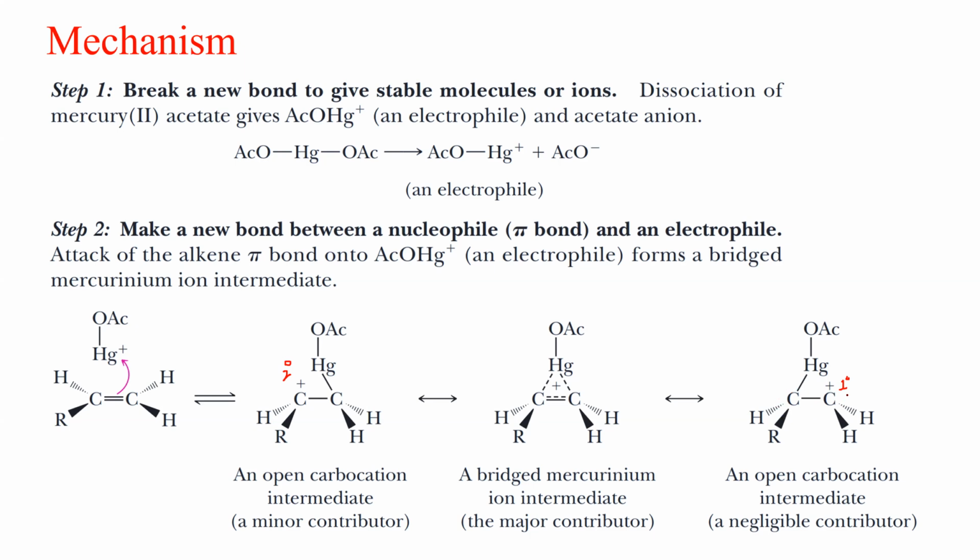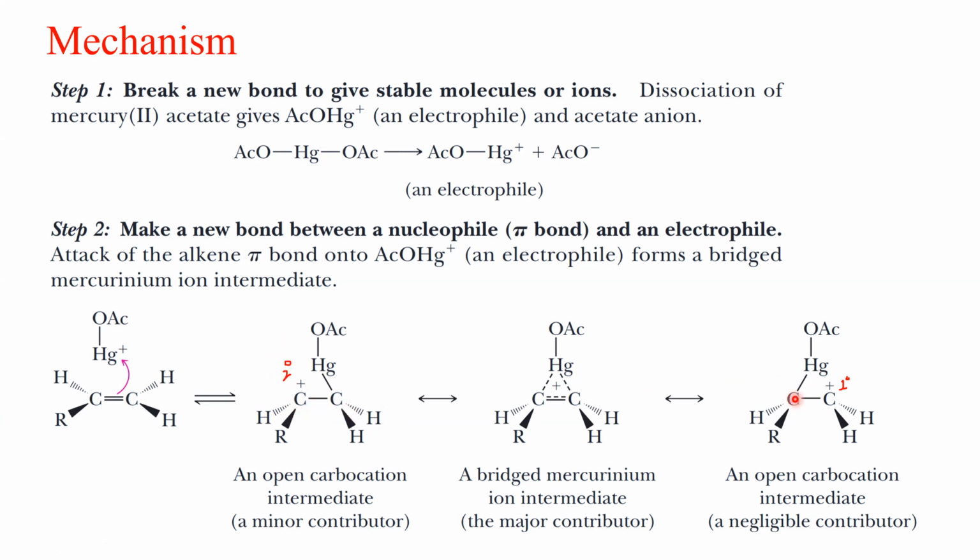So when we compare primary versus secondary or tertiary, the secondary carbocation is more stable than the primary one, and the tertiary carbocation, in which the carbocation is bonded from three sides with R groups, will be even more stable than the secondary carbocation.